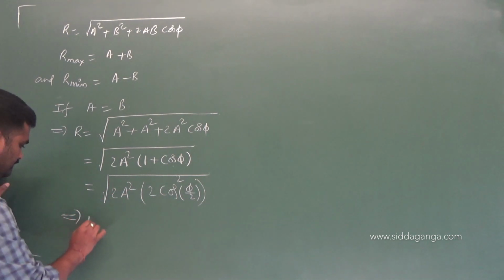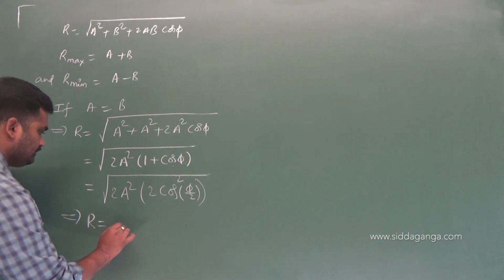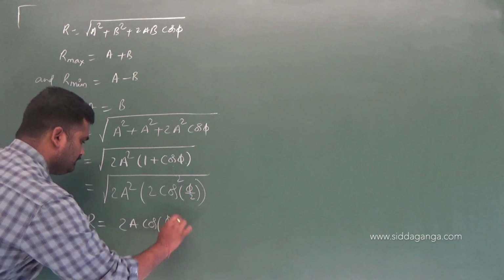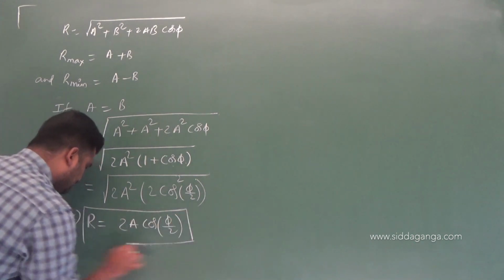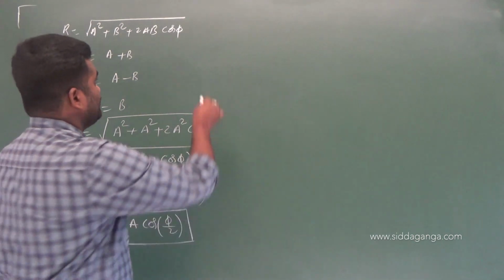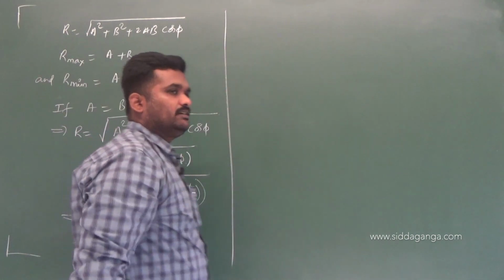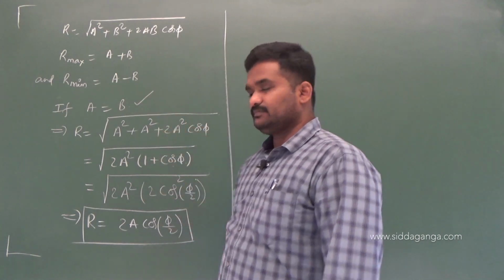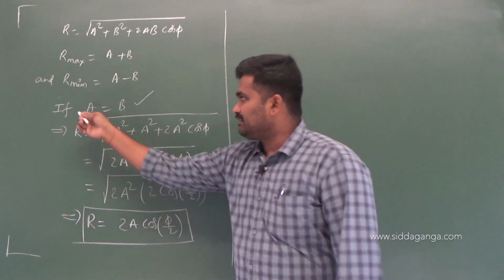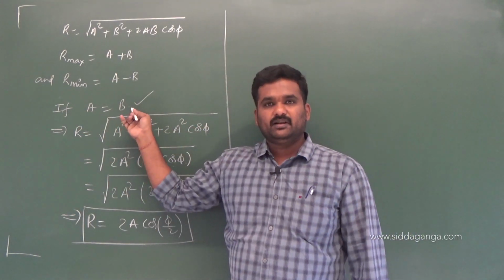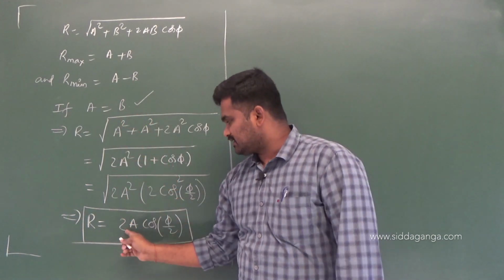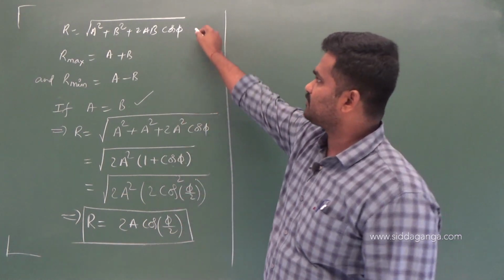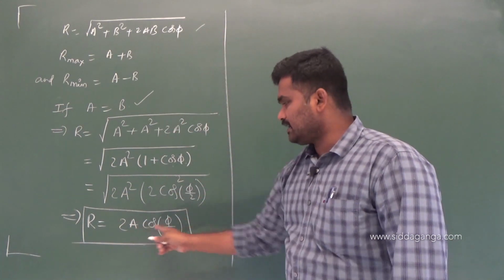So, finally we will end up with resultant amplitude equals 2A cos phi by 2, which is the direct formula you can remember to find the amplitude of the resultant wave when the two waves which are going to be superposed have the same amplitude. So, R equals 2A cos phi by 2. Instead of substituting, directly I can make use of this formula.